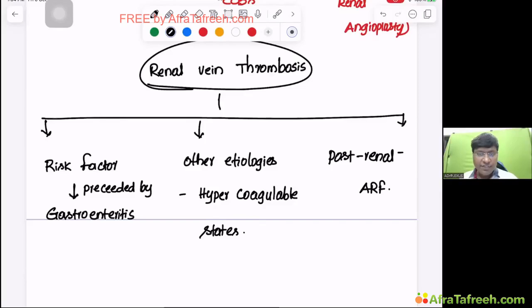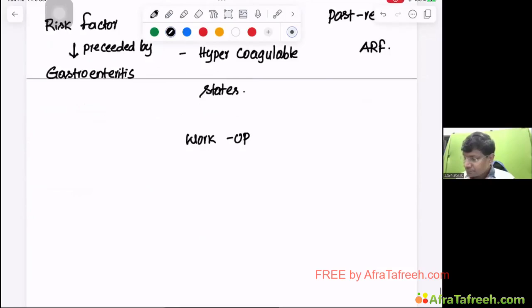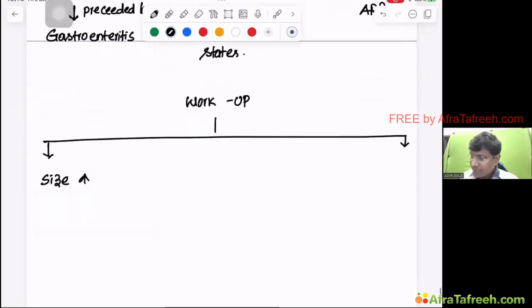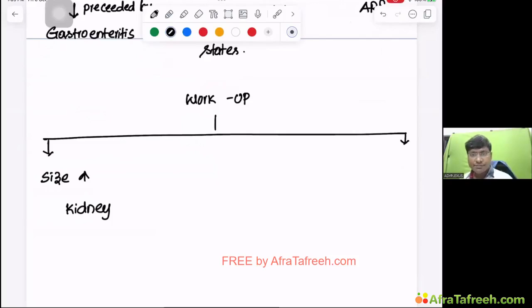Because of impairment of the venous drainage, what will happen to the size of the kidney? Very good. The size of the kidney is enlarged. There is marked enlargement of the kidneys.